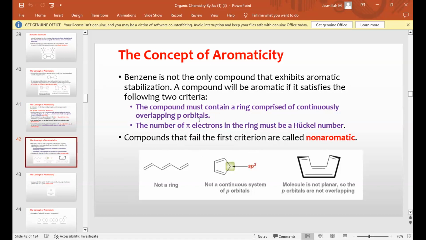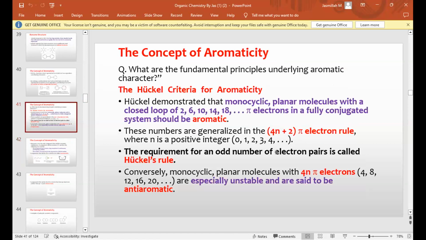So for a compound to be aromatic, it must have continuous overlapping p orbitals, and the number of pi electrons in the ring must be a Huckel number. By Huckel's number, we mean it must obey the electronic rule of 4n plus 2, where n is a positive integer.